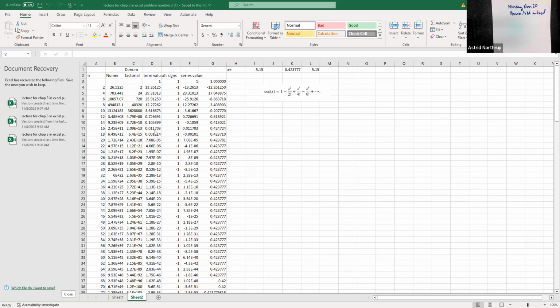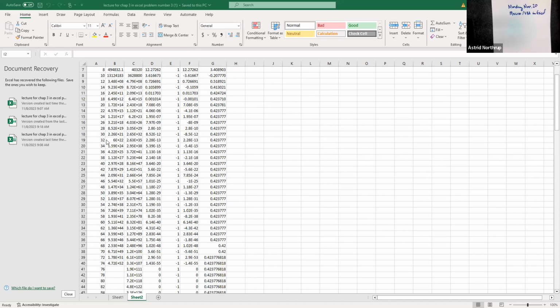And then we used just columnar data in order to find each of these terms so that we could plug in a particular number, n, or we could plug in a particular value of x, and then we could solve for the cosine of x based on that value, based on this sort of a table. So we were always looking at alternating numbers, beginning with 2 and then adding 2 all the way down.